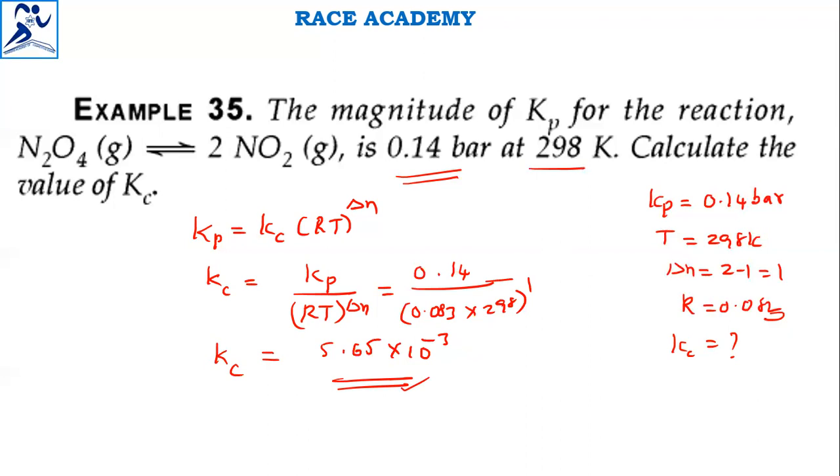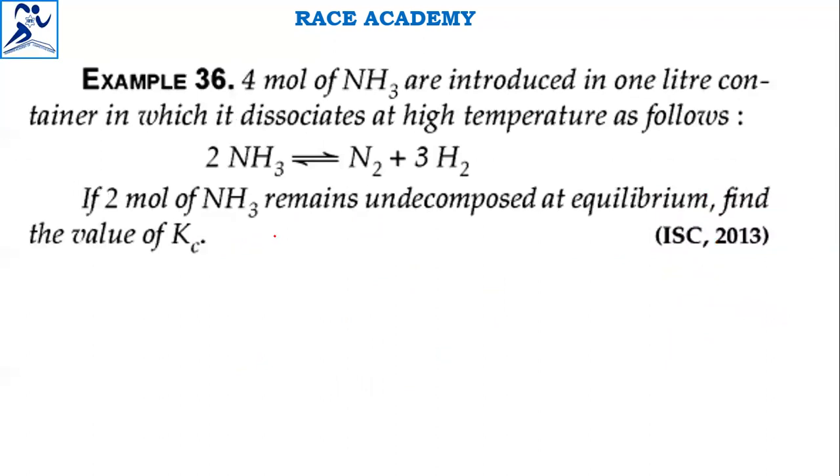Right? Next question. 4 moles of NH3 is introduced in a 1 liter container in which it dissociates at high temperature.